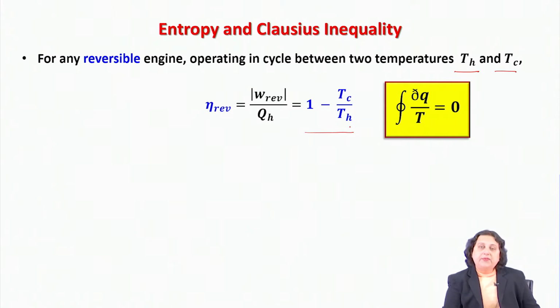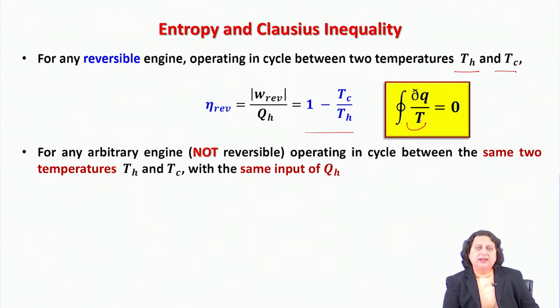And therefore, if I integrate over the entire cycle this quantity dq by T, I must have this equal to 0, simply because this is equal to delta S, and since I have a cycle and S is a state function, the value of this integral must be equal to 0.